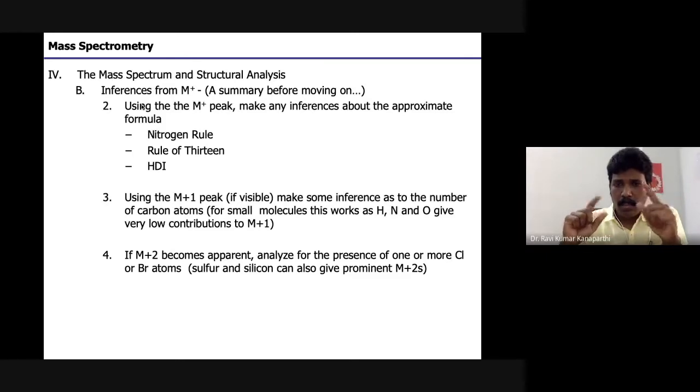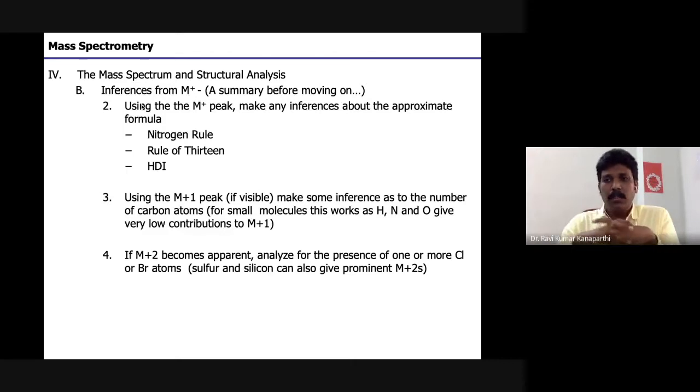Okay, 1:3 ratio. If you see an m+2 peak and a molecular ion peak in this ratio, then definitely there is a possibility that a chlorine atom is present, because this arises from the natural abundance of chlorine isotopes: 37 in approximately 24.75%, whereas chlorine 35 is present in roughly 74.25%, something like that.